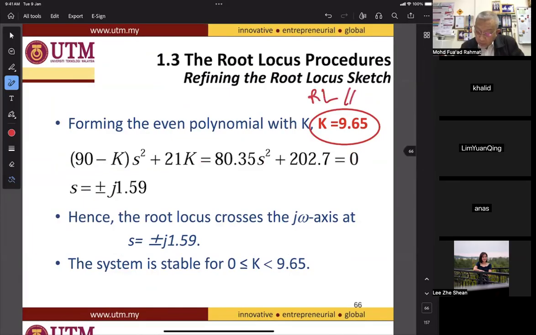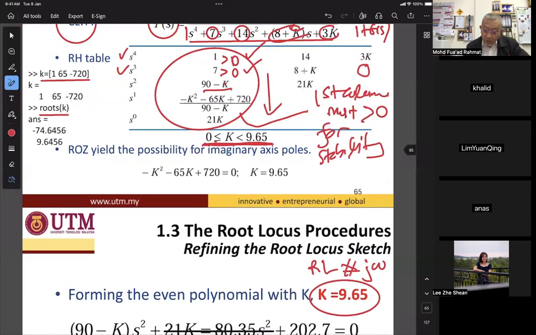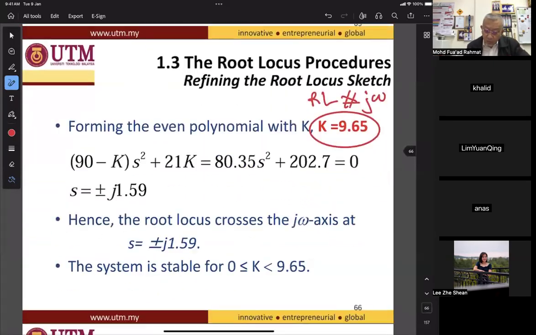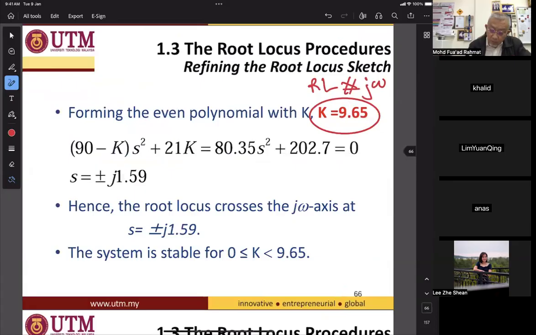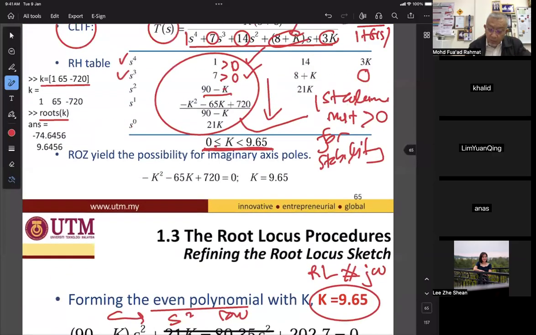Intersection, root locus, intersection with the j omega. Okay, so we use the even polynomial. Even polynomial we get from the Routh array, which is at s square.